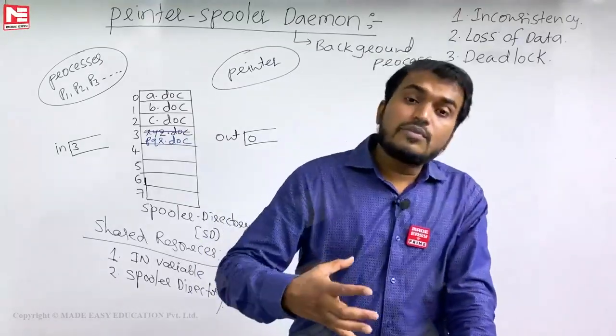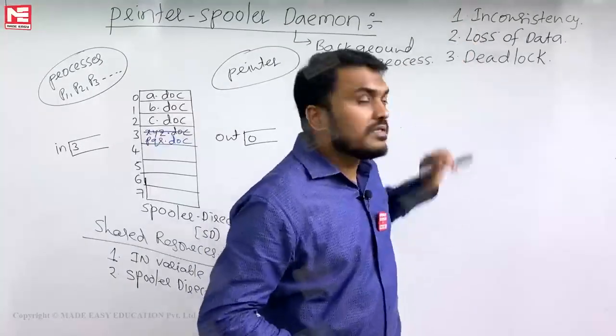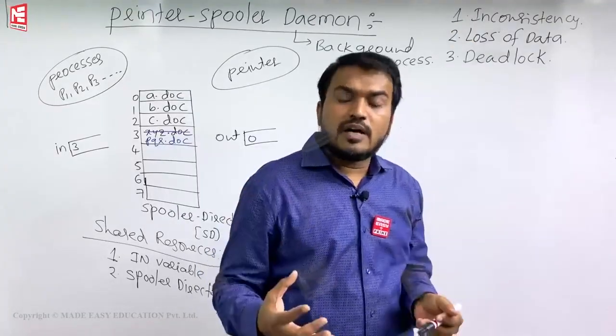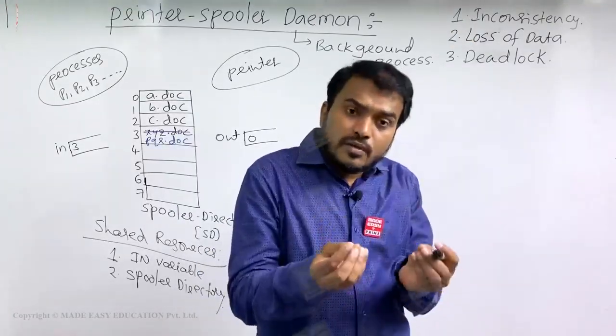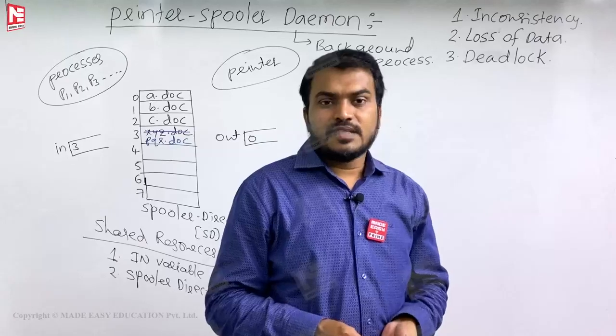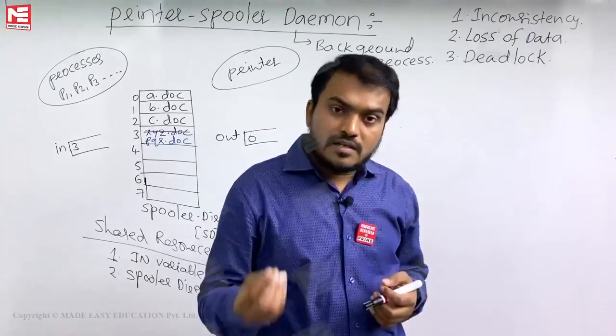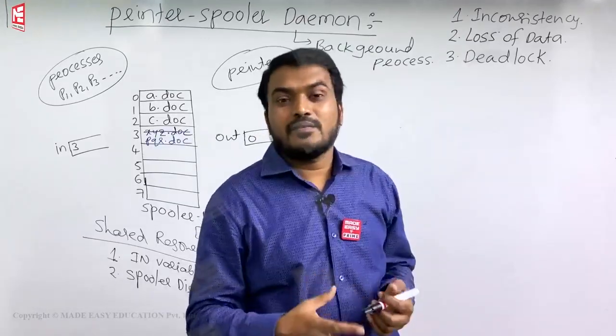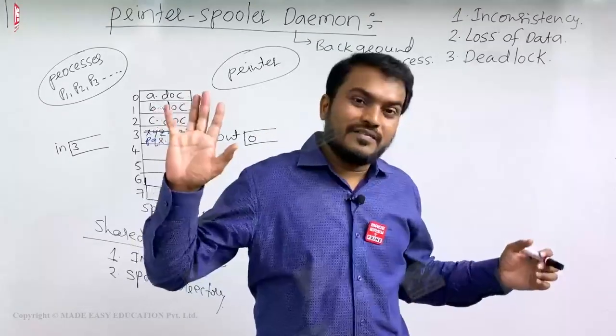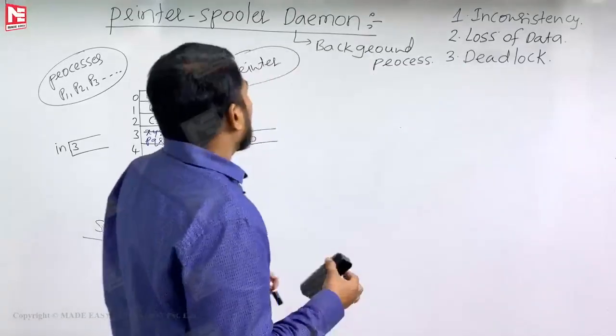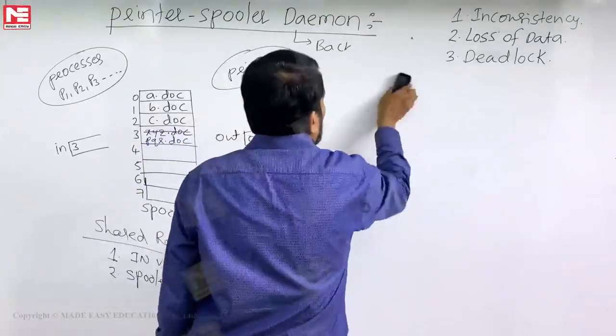Remember how you are going to avoid these problems and how you are going to provide the correct solution to the processes, that we are going to study going forward. Is that clear for everyone? Okay, so three problems.